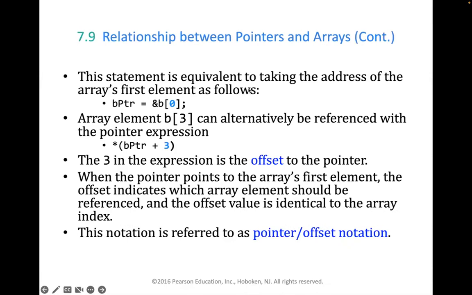So this is equal to taking the address of the array's first element. So bPtr equals ampersand b[0], and b[0] is the first element of the array.